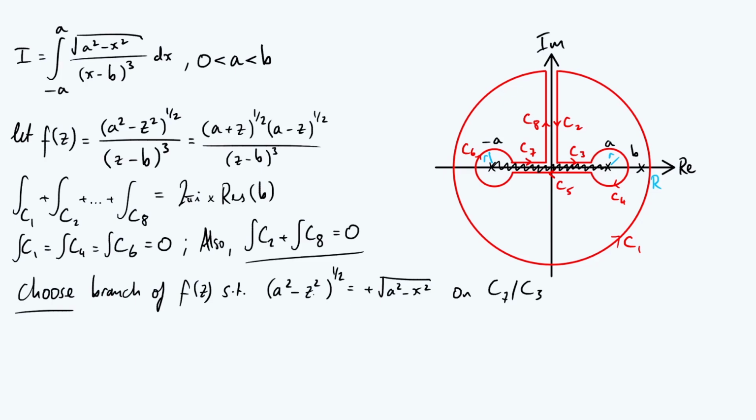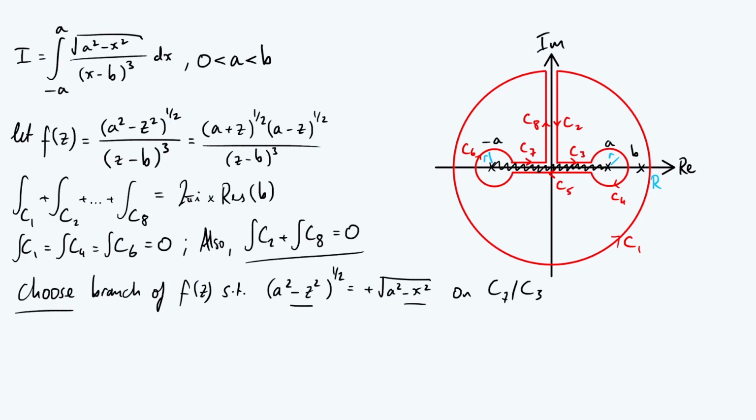Notice in particular I've switched from z here to x here to emphasize that on C7 and C3, in other words, just above the branch cut, or indeed just below the branch cut on C5 as well, z is essentially just a real number as we shrink down those circles. In other words, the imaginary part of z is going to become negligibly small, and we can say z equals x, where x is a real number.